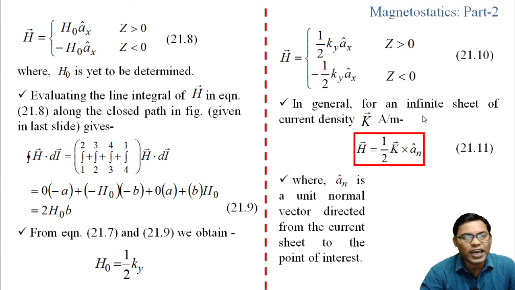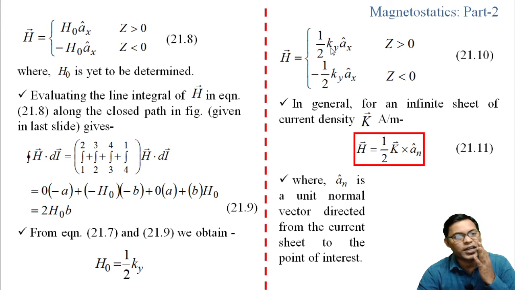For in general, for infinite sheet of current density k in ampere per meter, in general the H is represented as half into k. Here not ky, the component ky we have considered to calculate, but k, the current density or the current flow, can be in any direction, either x, y, z. So that is why half k cross an.